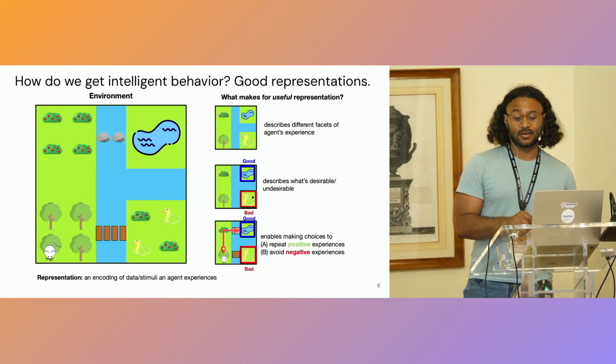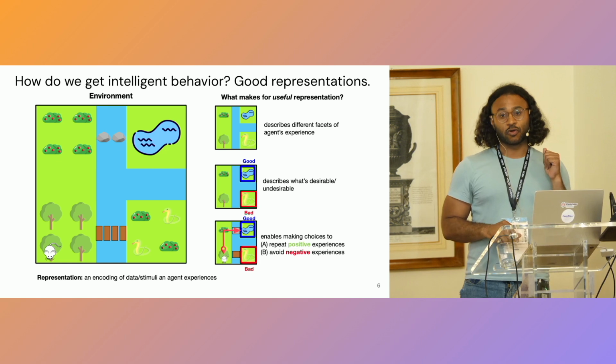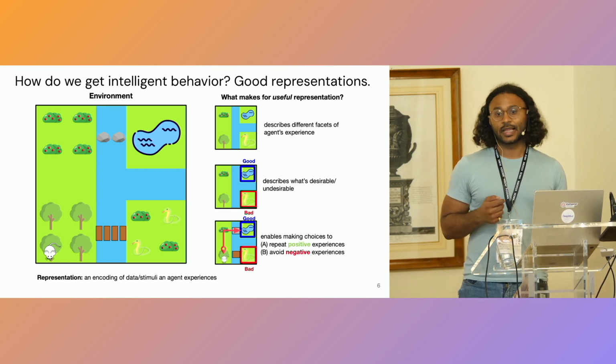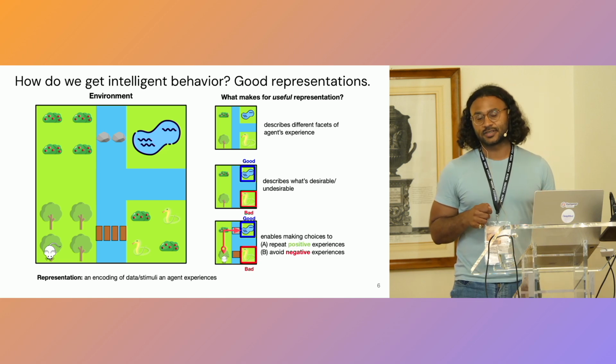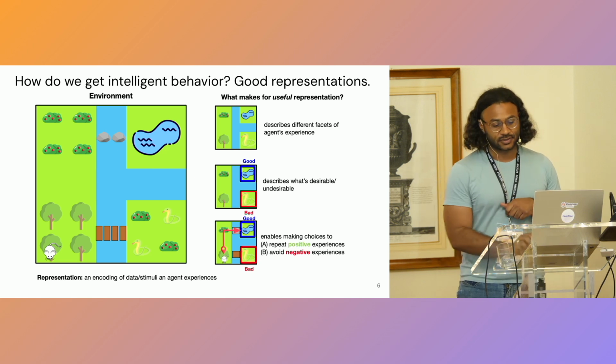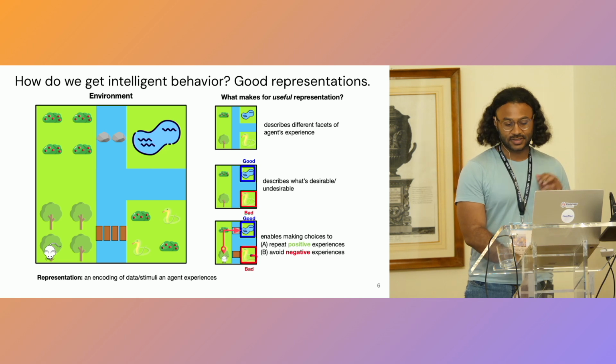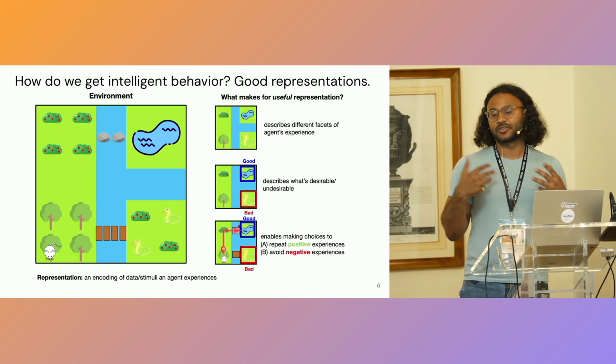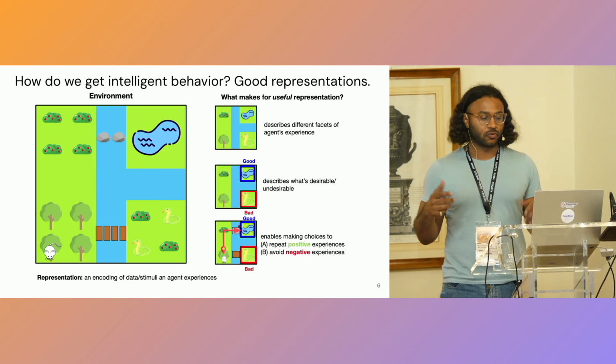And then the last thing is a representation is useful if it enables making choices that allow an agent to repeat good experiences and avoid bad experiences. Right? So water is good, snake bad. Maybe also knowing where the mouse is in that map so they can take actions towards the good thing. So these are things that make for a useful representation.